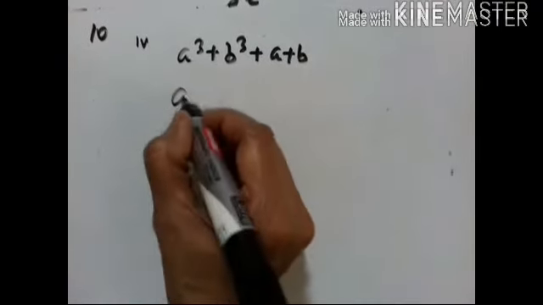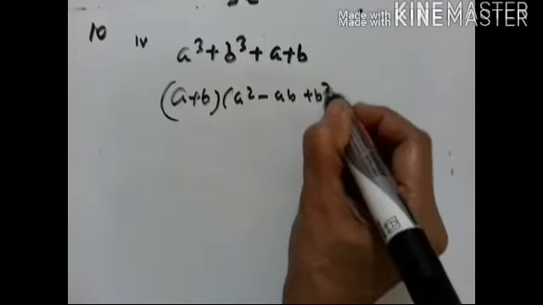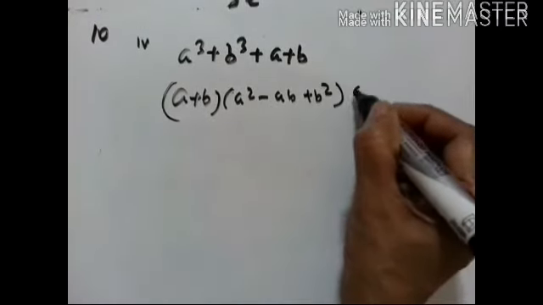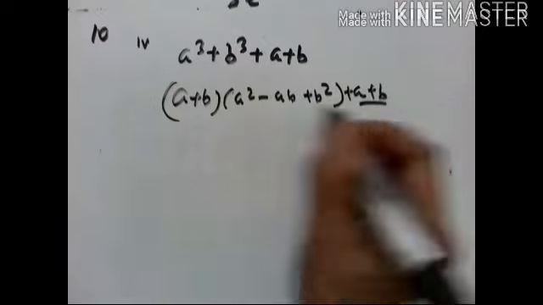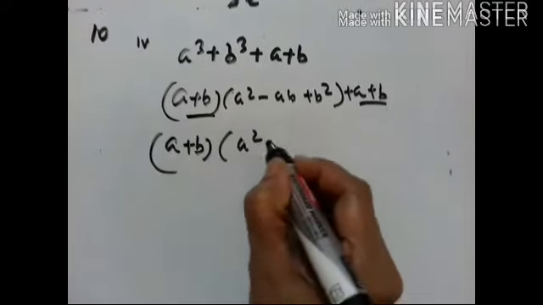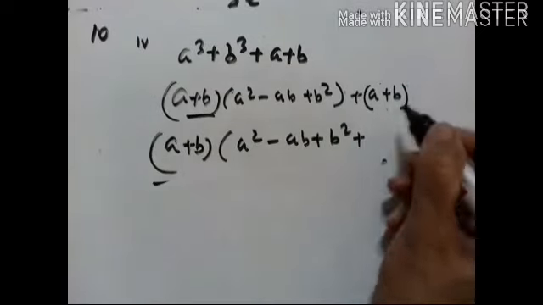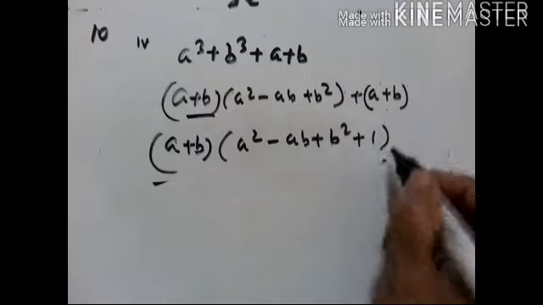Now (a + b) is common. So (a + b) into (a squared minus ab plus b squared) plus, this (a + b) has gone out, 1 in that place.